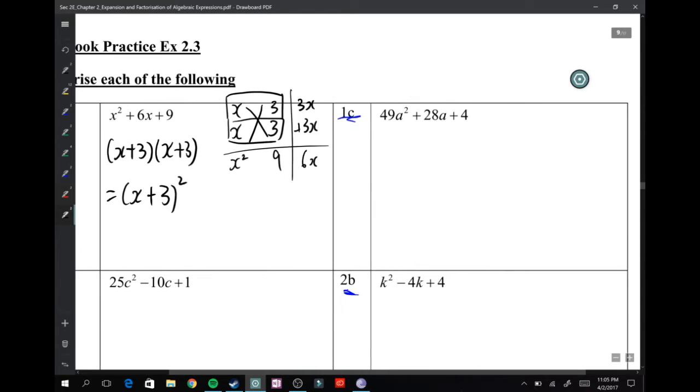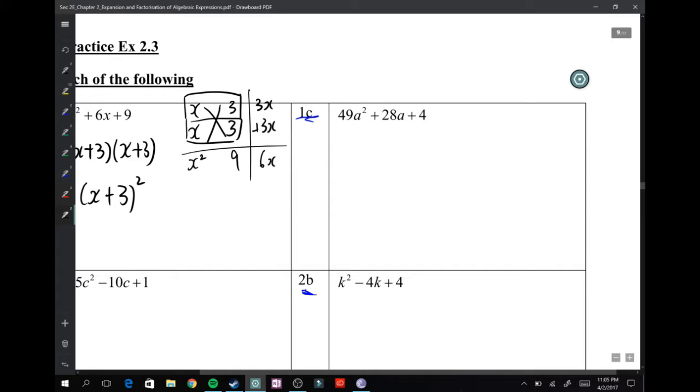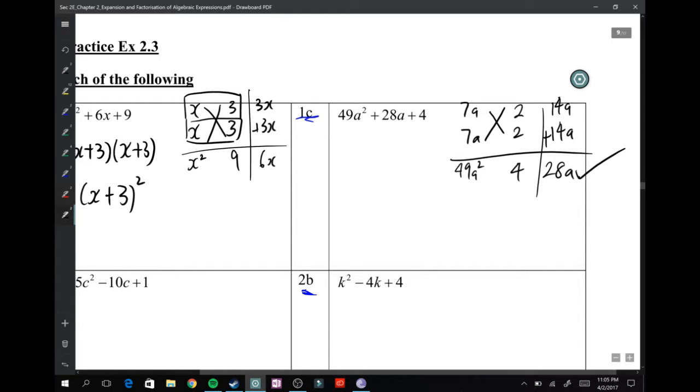Same for this, can do the same thing: 49a square, 4 here, and 28a here. 4 is made of, let's guess, 2 and 2, 7a and 7a. You actually get 14a and 14a, plus together, this is correct. Great.